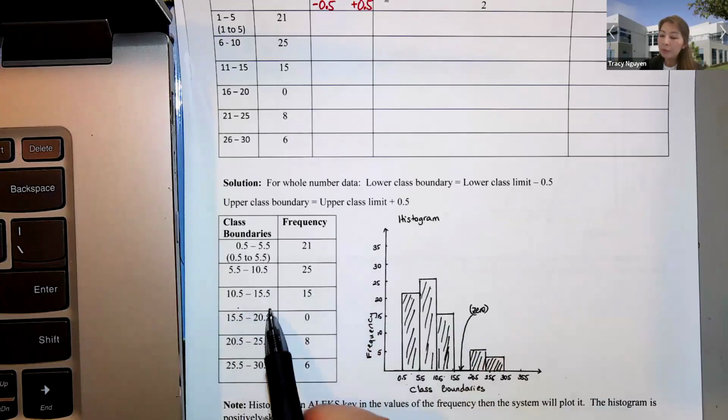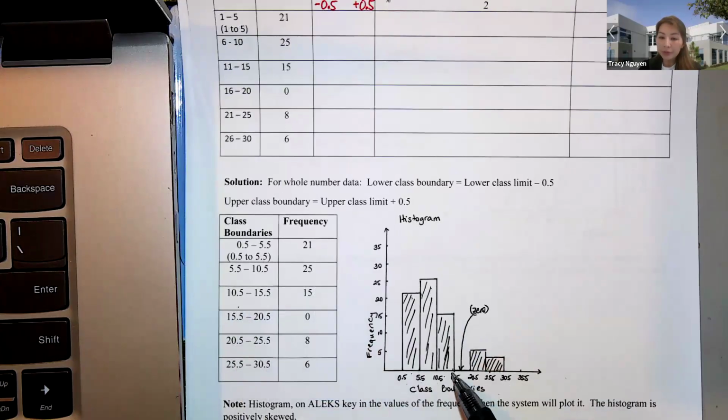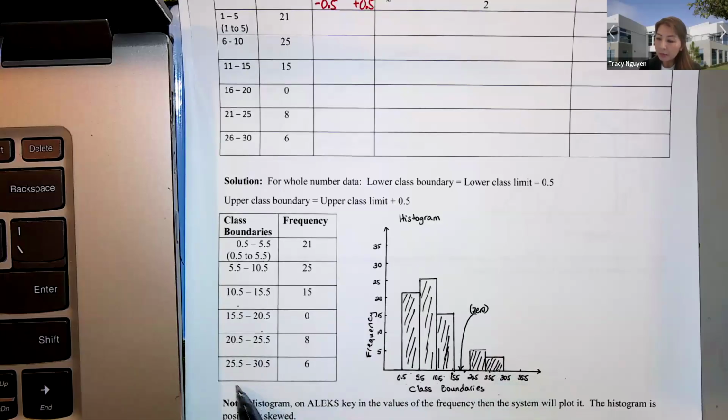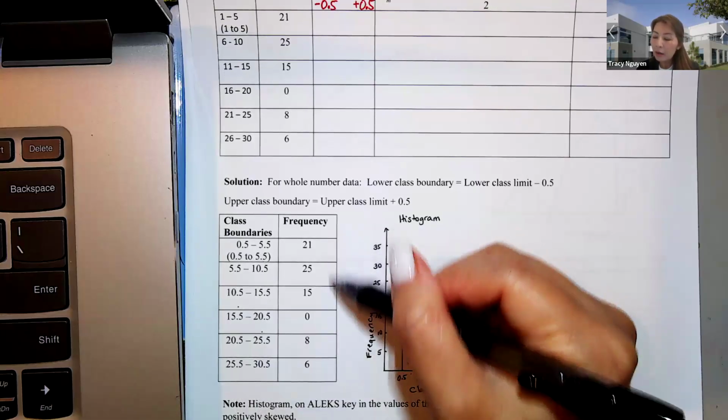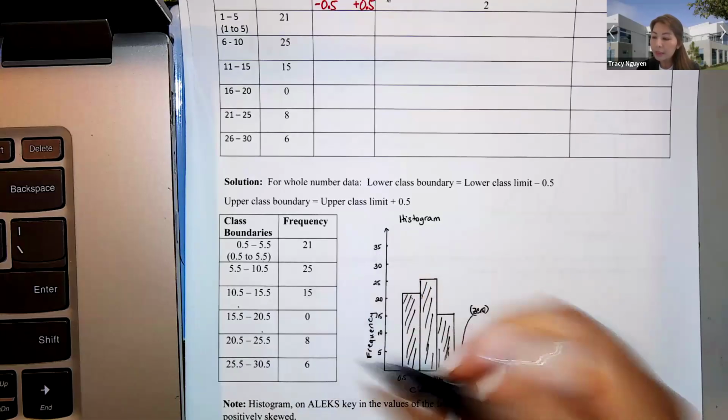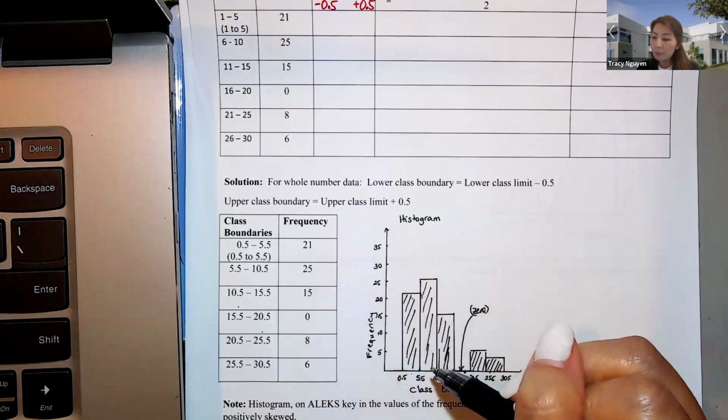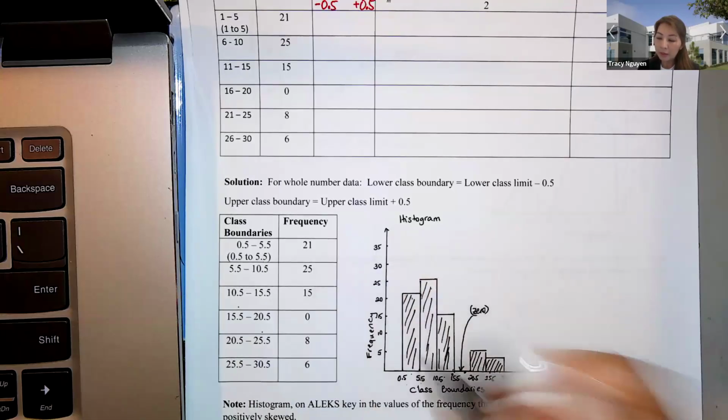From 10.5 to 15.5, the frequency is 15. From 15.5 to 20.5, the frequency is 0. From 20.5 to 25.5, the frequency is 8. And the last one, 25.5 to 30.5, has the frequency of 6. Based on the values of the frequency, we go up to that number for our bar.